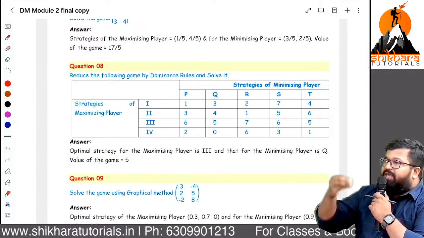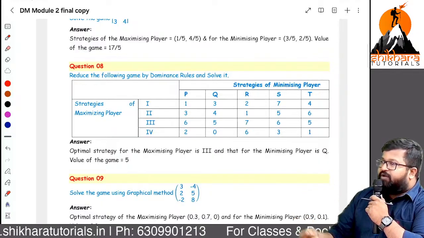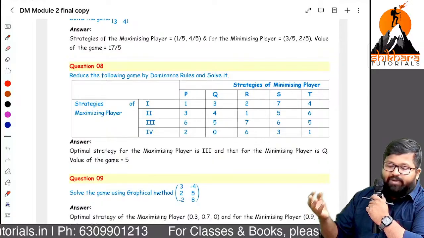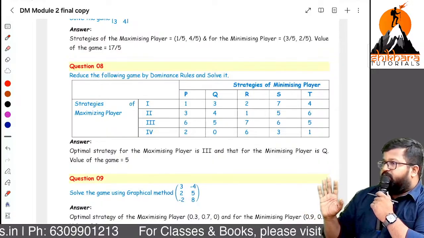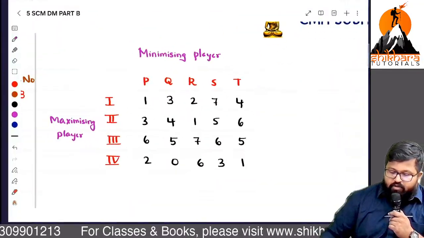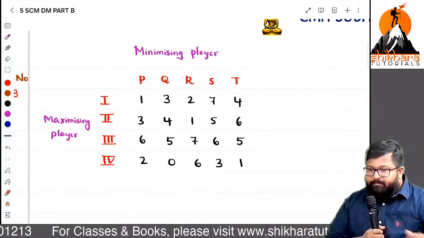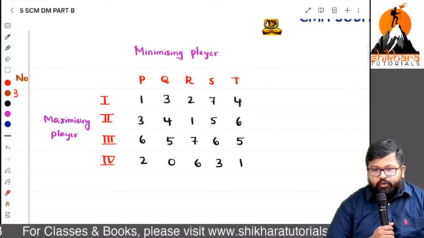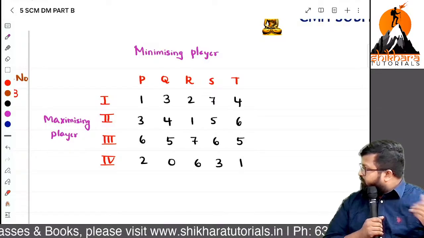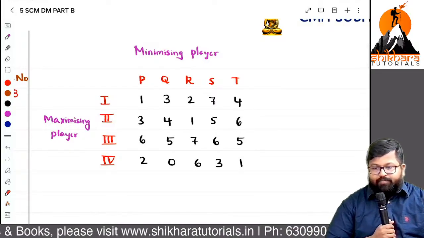So all the P, Q, R, S, T strategies are for player B. And 1, 2, 3, 4 are strategies for player A. That you write. That will be more effective. Let us assume that strategies 1, 2, 3, 4 are for player A.